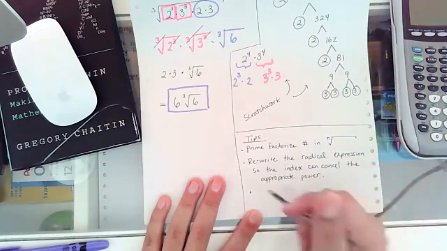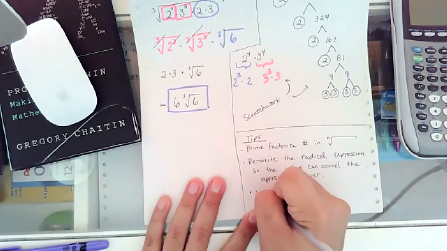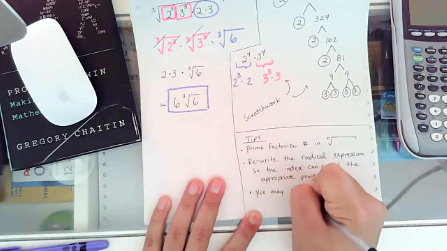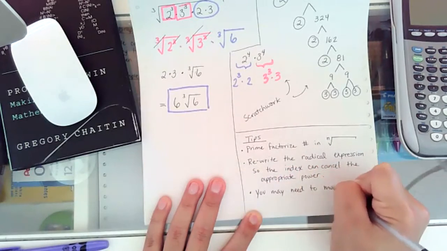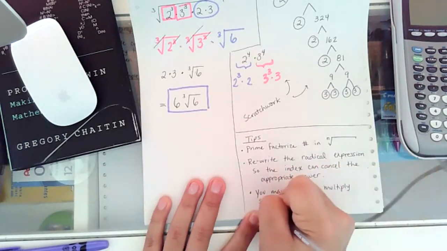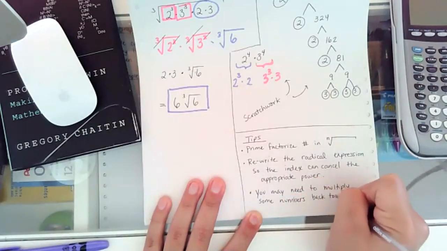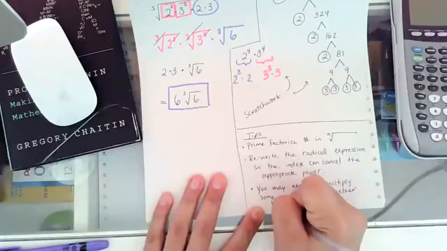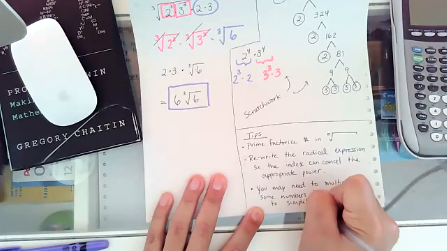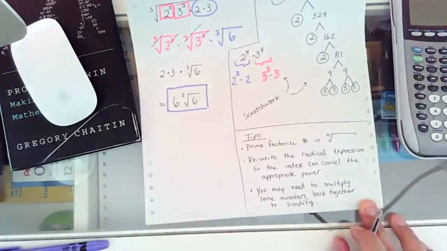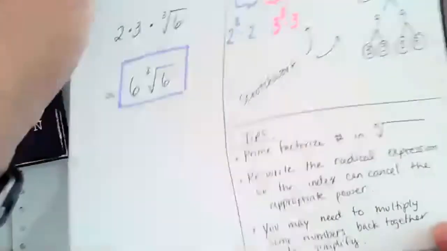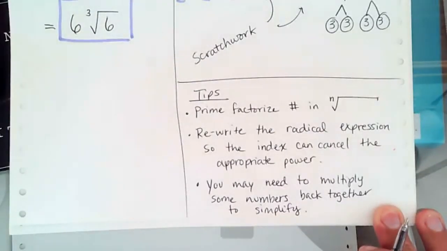And then I guess as a note, you may need to multiply some numbers back together to simplify. And those are just the general tips that you would do to simplify these non-perfect radical expressions.